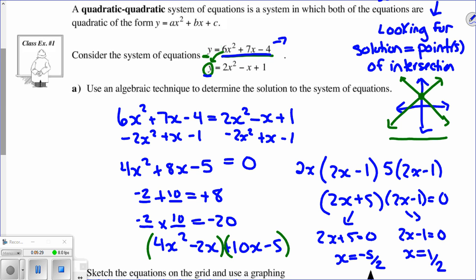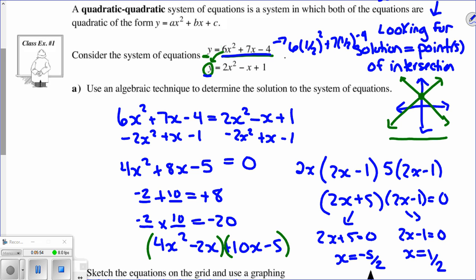So let's do the positive half first. I have 6 times a half squared plus 7 times a half minus 4. So just plugging in that value of x, I'm going to come up with the value of y. I'm going to do it right in my calculator. I'm getting 1 for that one.